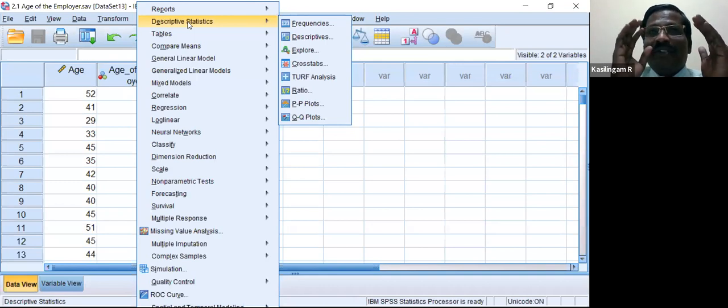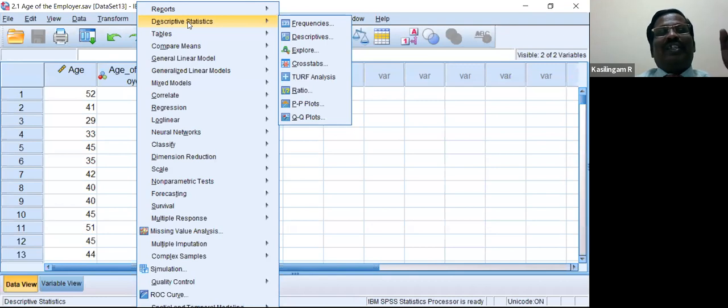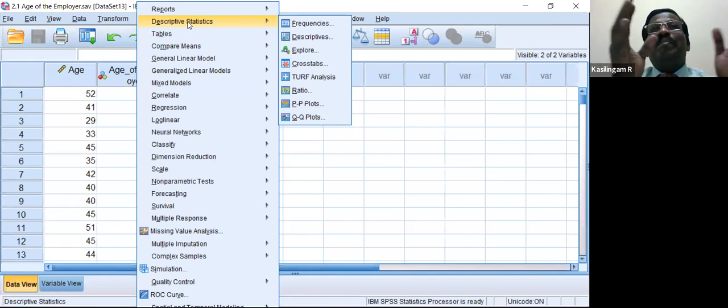Now, descriptive statistics contains 4 things. One is frequency, leave alone the frequency. Next 3: measures of central tendency, measures of dispersion, and measures of distribution. For one data, we can use all. The measure of central tendency is the mean. We can find out the mean for that data.